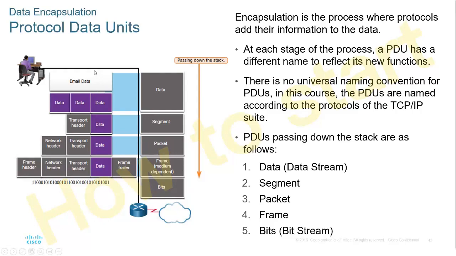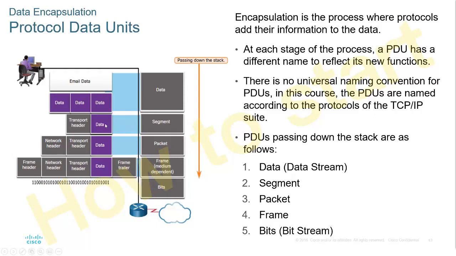Data encapsulation, literally we take data and we engulf it in a segment. The segment is engulfed in a packet. The packet is engulfed by a frame, and then the frame is put into bits. Here you'll see that here's the data.